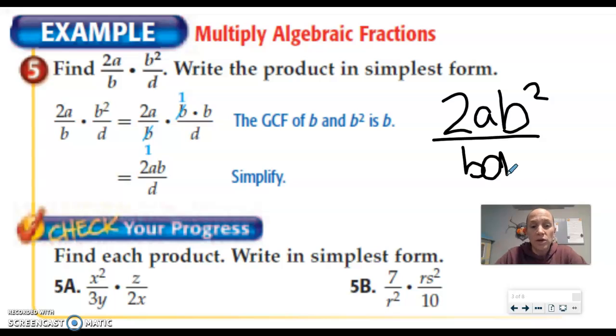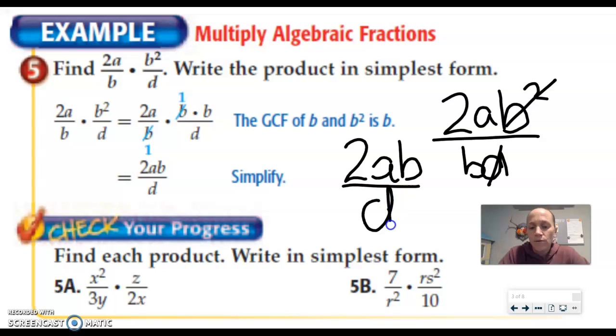So you can do just like before. You can just multiply them and then simplify after, which is what I'm doing right now. So I've multiplied them, and now I see that one of these d's on the bottom will cancel out one of these d's on the top. Or I'm sorry, I crossed off the wrong thing. That was supposed to be a b canceling out one of the b's. So that leaves me with 2ab over d.